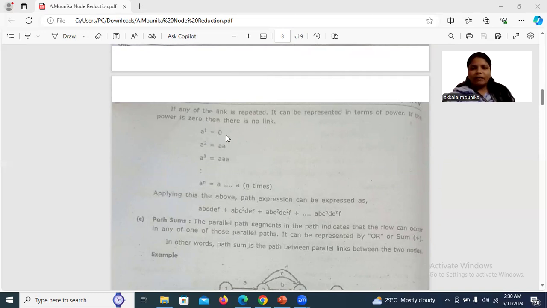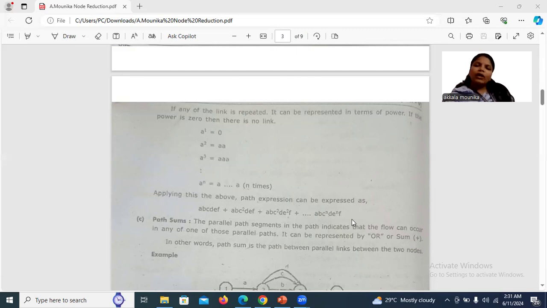A power 1 is just A, A power 2 is double A, A power 3 is triple A, up to A power n, A repeated n times. Applying this, the path expression can be expressed as ABCDEF plus ABC square DEF plus ABC square DE square F plus, up to so on, ABC power n DE power n F. Possible paths will be there.